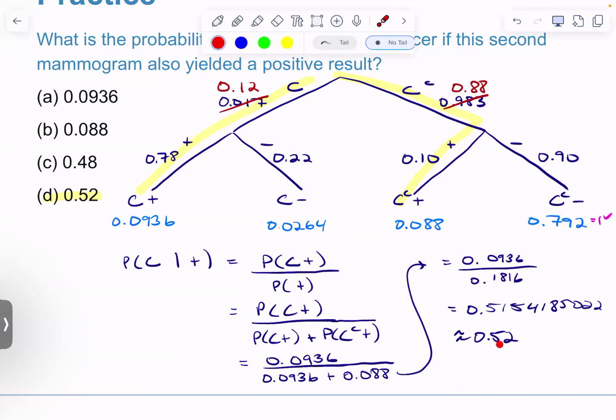Then you would do the same thing again, but adjust this from 0.12 to 0.52 and 1 minus 0.52. Do all the math again. And then eventually, after some number of tests, you would be very sure that they actually have cancer.